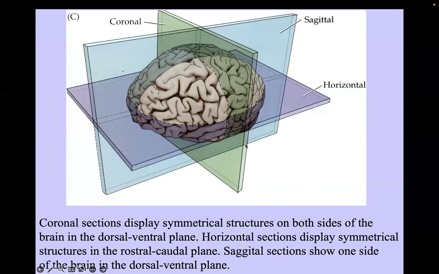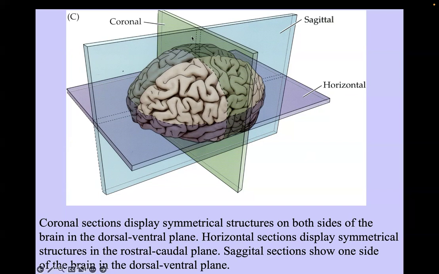The brain has been mapped in 3 planes, and this is needed to do surgery, for example. That's how the surgeon knows where to go in and take out a tumor, for example. So the coronal plane, as you can see here, cuts the brain in 2 symmetrical pieces.